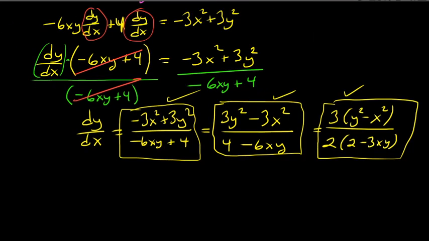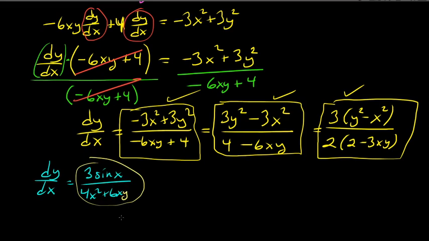So there might be something else that bothers you, right? Because usually when we take the derivative of something, we might get something complicated, like 3 sine x over 4x squared plus 6x. I don't know, something like that. But up until now, we've never seen this derivative contain a factor of y. We've never seen, say, 4x squared plus 6xy, or the sine of x times y, right?